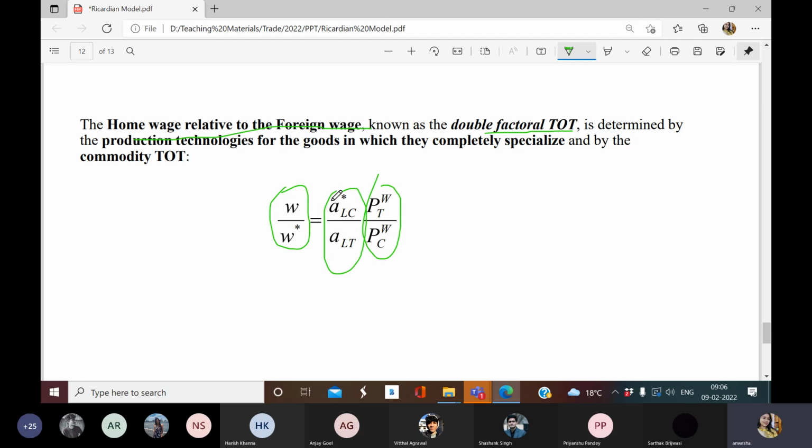The production technology is for the two goods in which they completely specialize. So the home country is completely specialized in textile and the foreign country is completely specialized in computer.